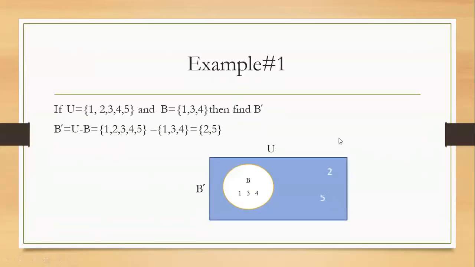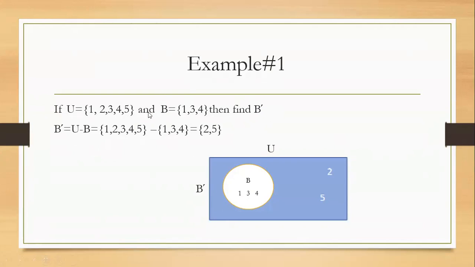First of all, example number 1. Here, the universal set is given 1 till 5 and set B is given 1, 3, 4. You have to find B dash. B dash means U minus B. First copy down set U, then minus, then set B. Now, the difference is there. Rule for difference: cut the common.